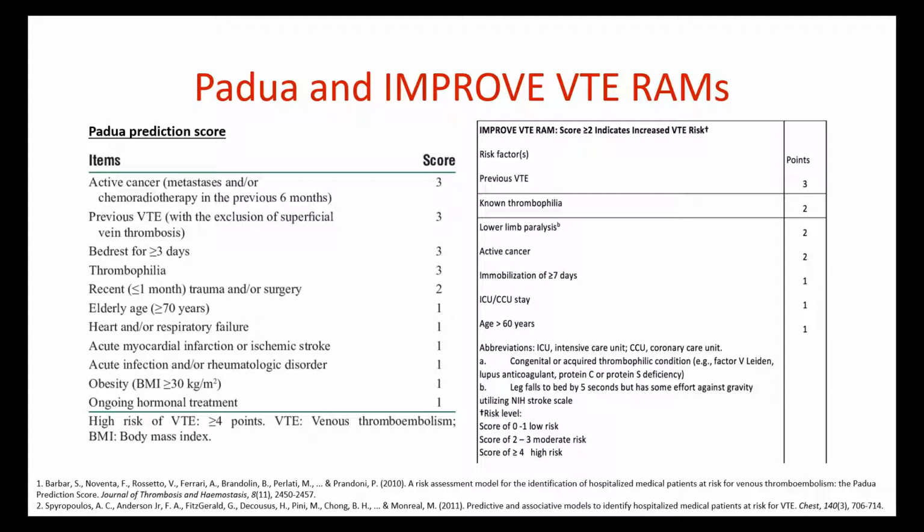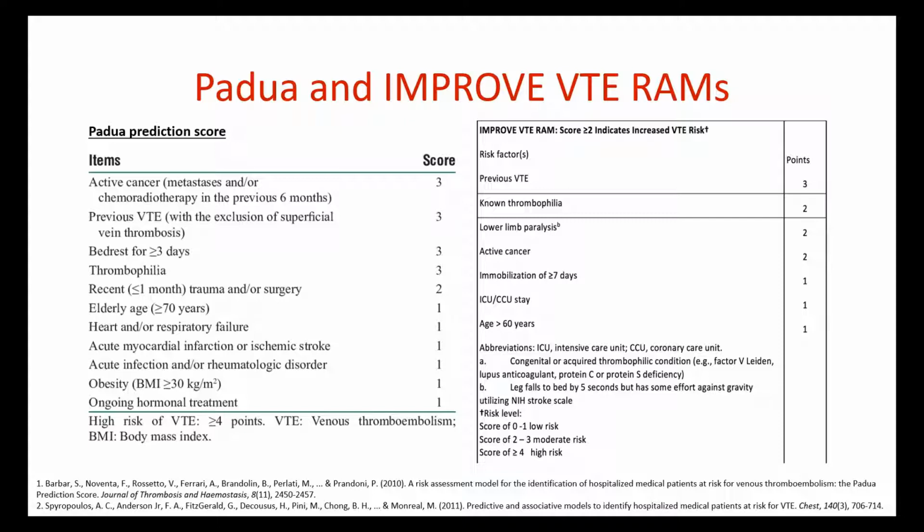One is the Padua model, and one is the IMPROVE model, that both allow determining what we call risk in a hospitalized patient on the basis of existing risk factors that are scored, and the combination of these scores lead to specific risk estimates.